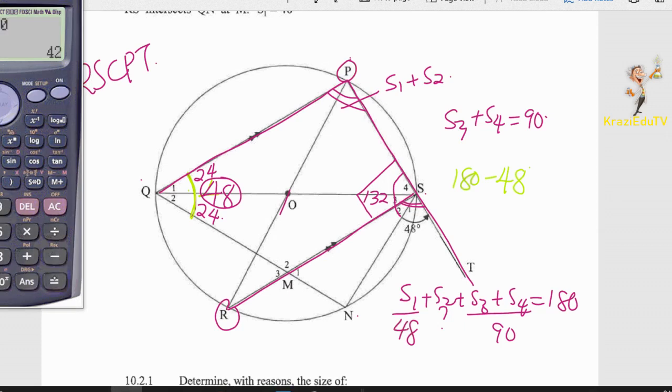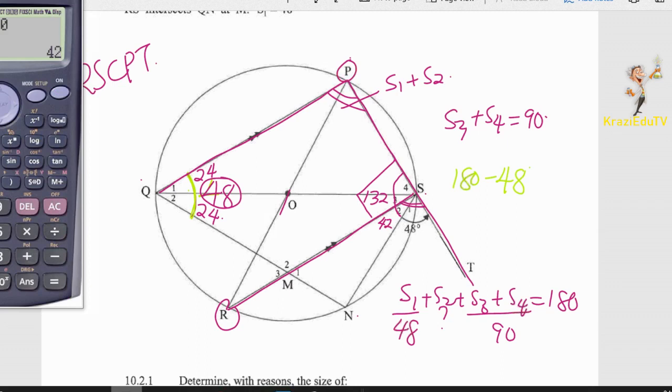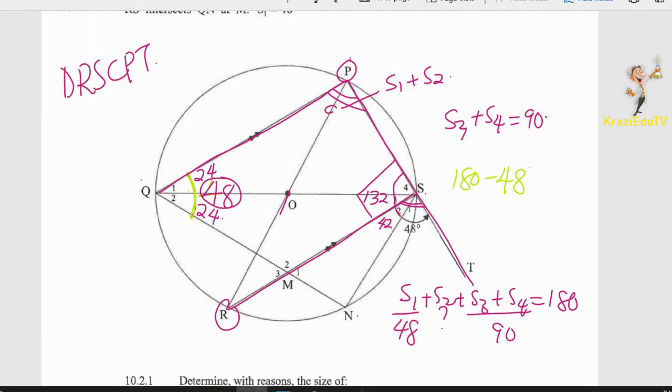So this angle here now is 42, which allows me to get my angle P, 42 plus 48, and that would give me 90. By the way, I didn't really even need to calculate that, because QS is also a diameter. That gives me my 90.